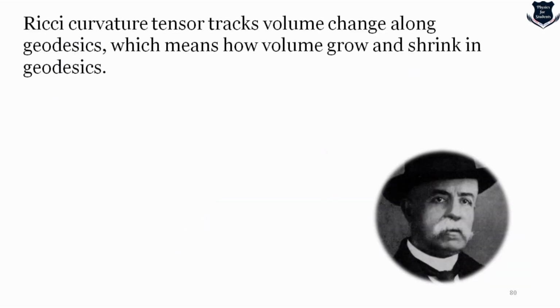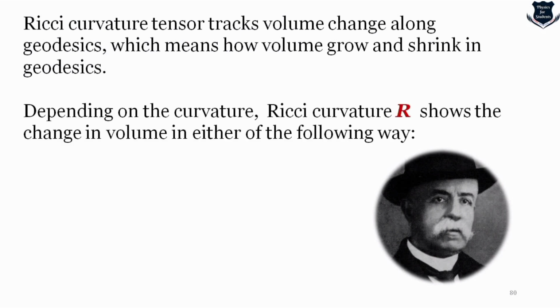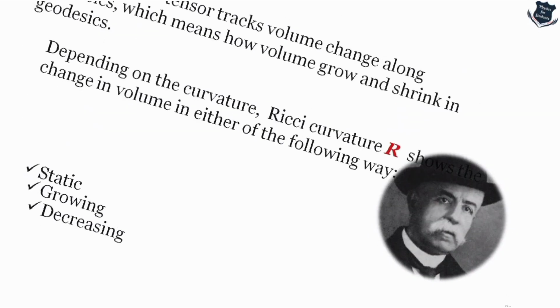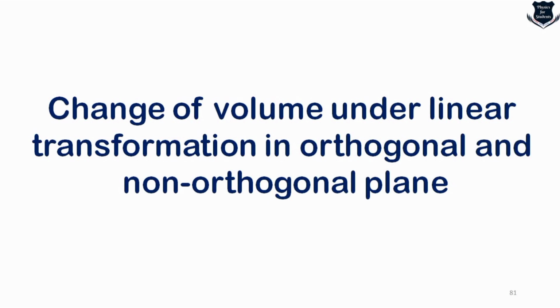So the Ricci curvature tensor tracks volume change along the geodesics, which means how volume grows and shrinks. Depending on the curvature, Ricci curvature shows whether it is static, decreasing or increasing. So when a volume is moving through a curved space-time, whether it is growing or decreasing, that is being denoted. Now when we talk of volume change, we mean the change of volume on the linear and orthogonal and non-orthogonal plane.